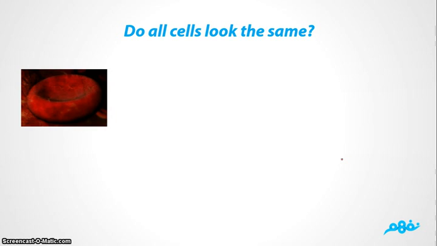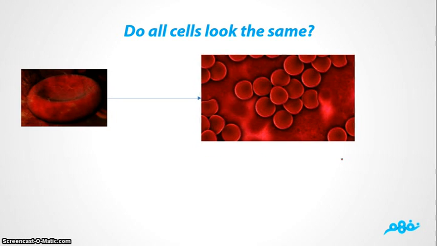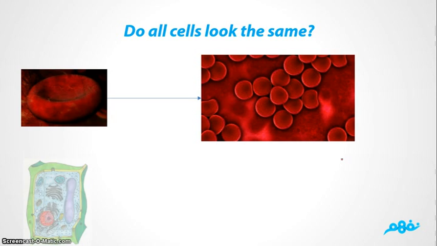So why do you think it's not a triangle? It's not a rectangle. Would it be able to flow in our small arteries if it was another shape? Would it be able to carry oxygen if it didn't have that flat surface? Alright, so the answer is no. That's why different cells have different shapes and sizes because of their functions.